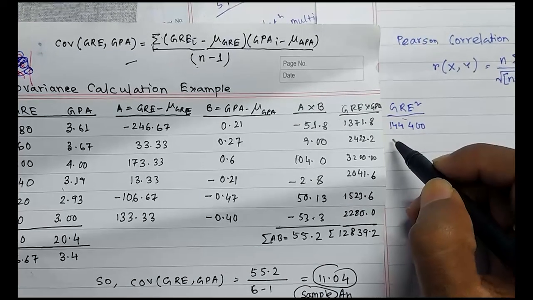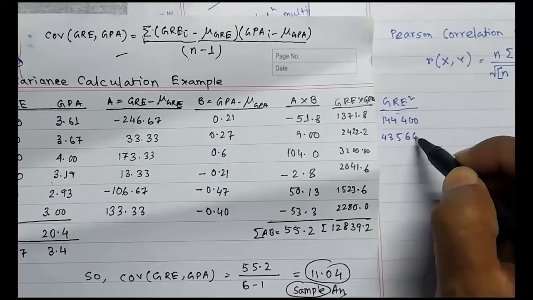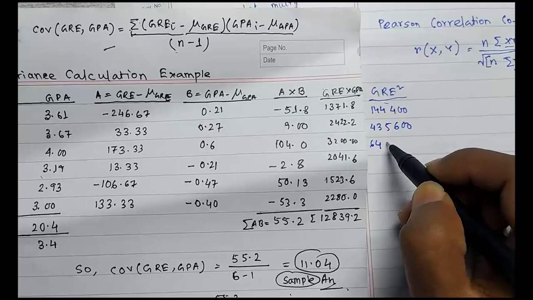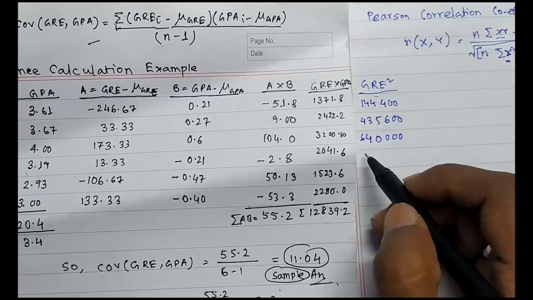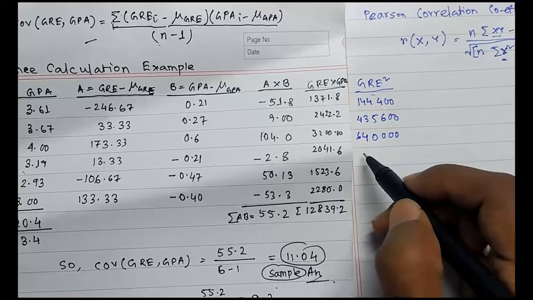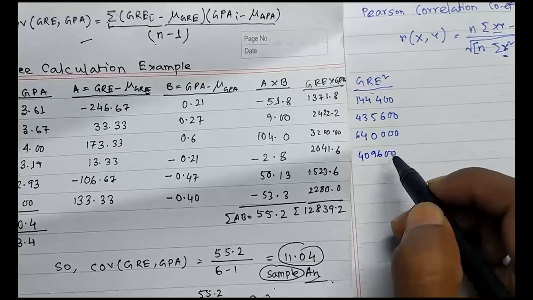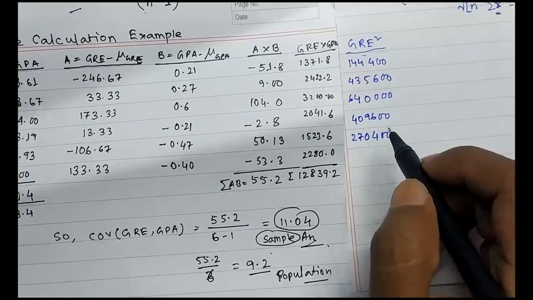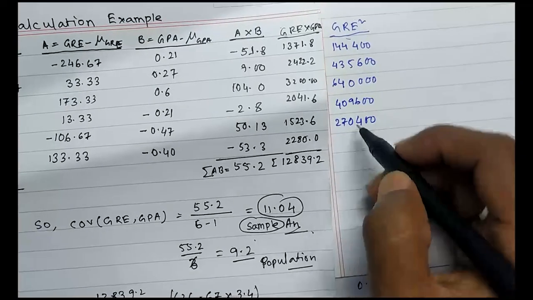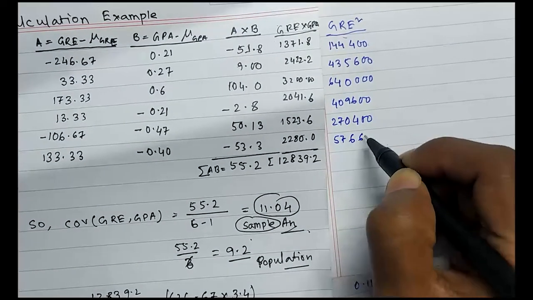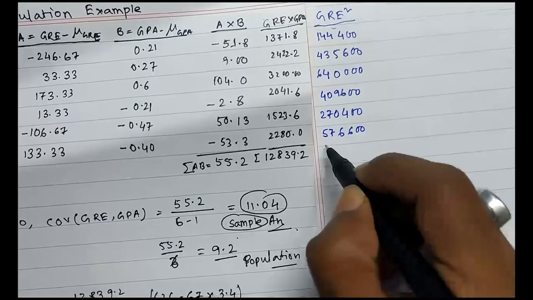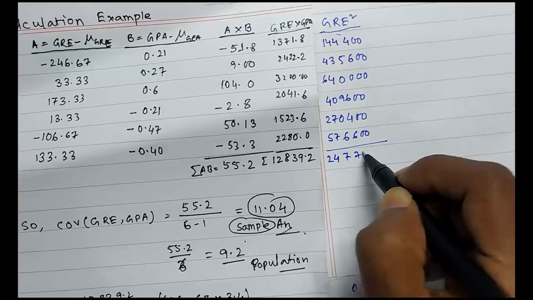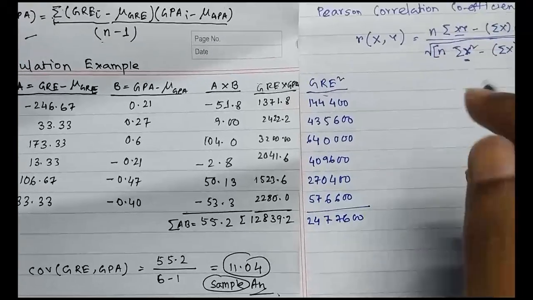Next, 660 square is 435600. 800 square is 640000, and 409600, 270400, and 576600. If I take the summation of this, I will end up getting 2477600.